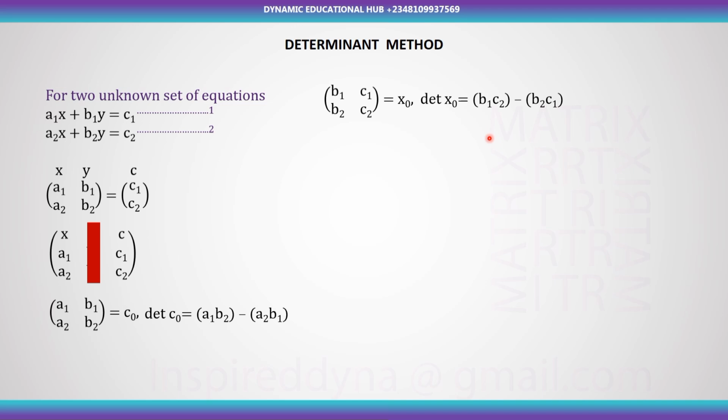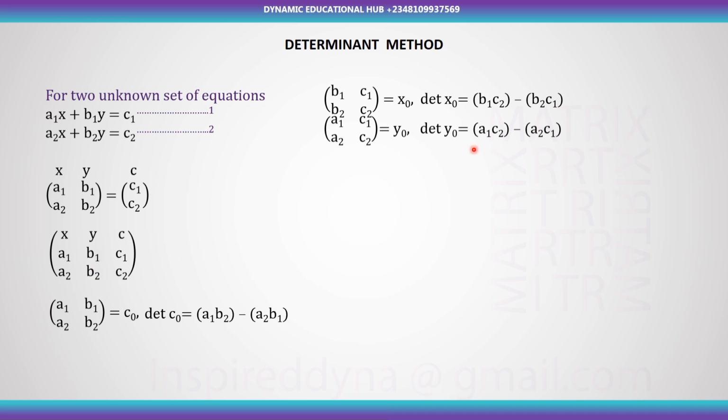Finally, let's delete the y column. Deleting the y column, we are left with a matrix a1 a2 c1 c2, and let's call it y0. Let's find the determinant of y0, which is a1 c2 minus a2 c1. We'll see the reason why we are doing this.